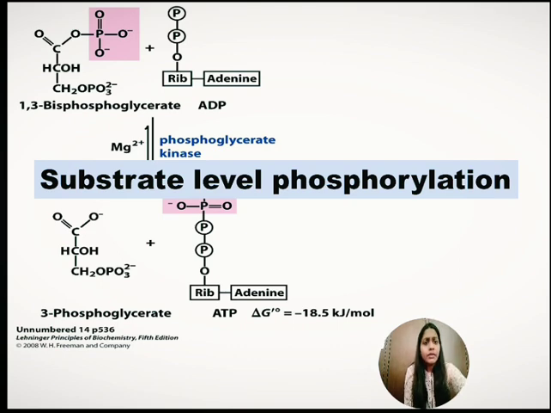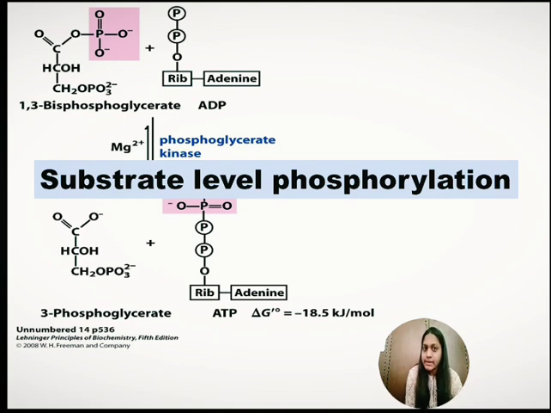And this is one of the most important steps of glycolysis, because here there is generation of the first ATP. What happens here? 1,3-bisphosphoglycerate donates its phosphoryl group to ADP, converting ADP to ATP, and itself getting converted to 3-phosphoglycerate, with the help of the enzyme phosphoglycerate kinase.